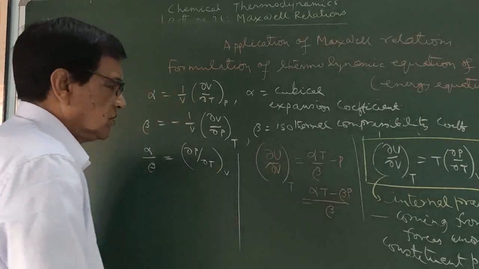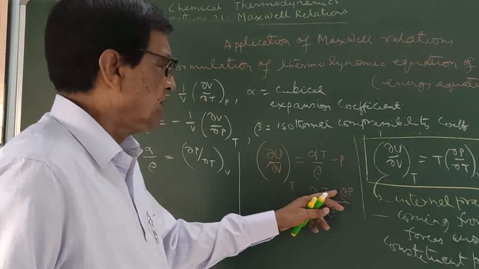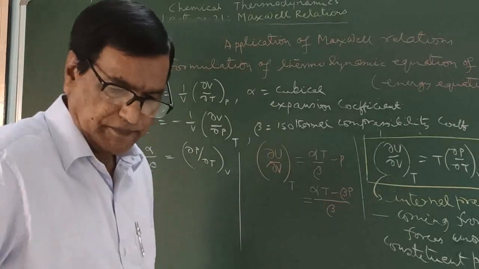So this term can also be calculated if we know alpha and beta and the temperature and pressure of the system.